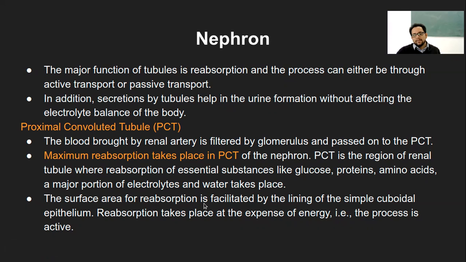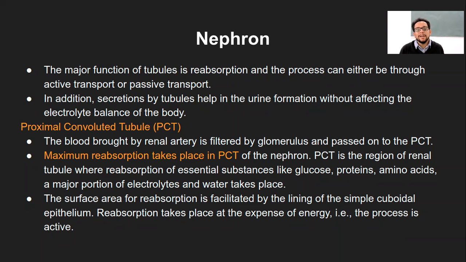The surface area for reabsorption is facilitated by the lining of simple cuboidal epithelium. Within the nephron structure, this cuboidal epithelium has a large surface area for increasing the absorption or reabsorption process. Reabsorption takes place at the expense of energy, that is, it is an active process, because it takes a lot of energy to reabsorb all the molecules again.